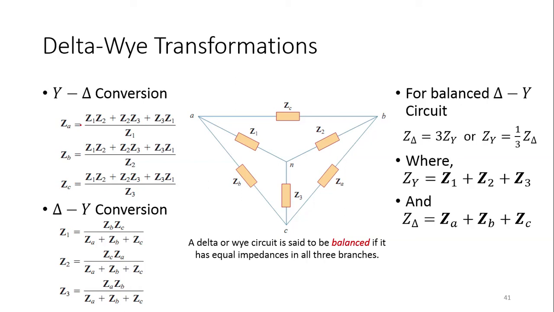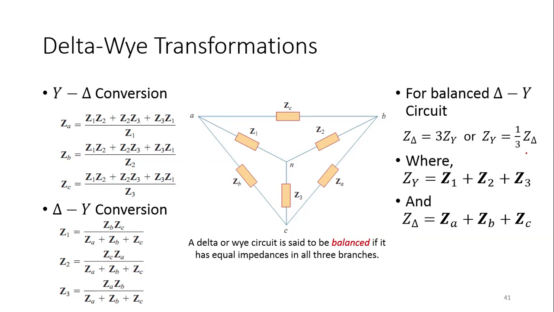For example, for a balanced network, Z1 is equal to Z2 is equal to Z3, and ZA is equal to ZB is equal to ZC. So for Z1, the numerator would be 3 times Z squared divided by 3 Z, so Z cancels and 3 times Z remains. Similarly, for the other it would be Z squared divided by 3 times Z, so one of the Z would cancel and Z upon 3, or 1 upon 3 Z delta, would be the answer.